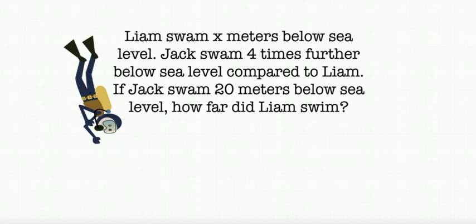So here Liam swam x meters below sea level. Jack swam 4 times further below sea level compared to Liam. If Jack swam 20 meters below sea level, how far did Liam swim? So we know that Liam swam x meters.